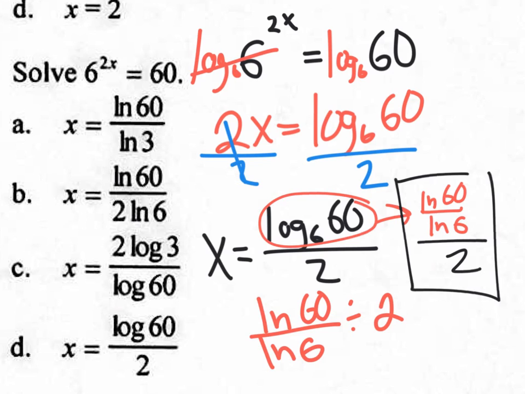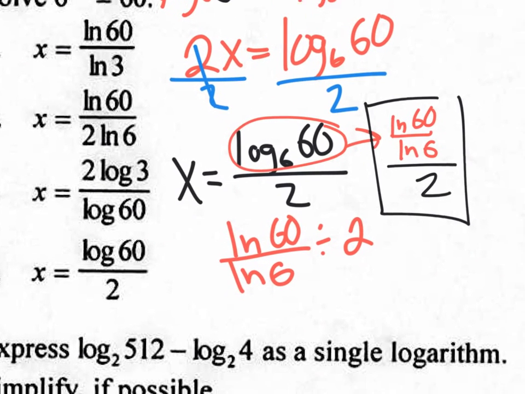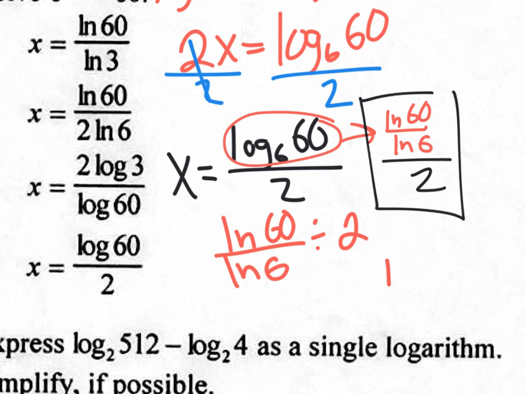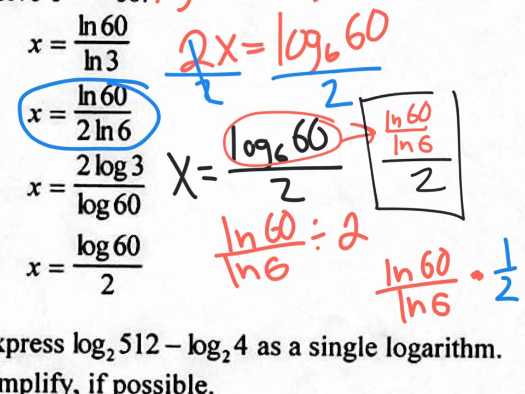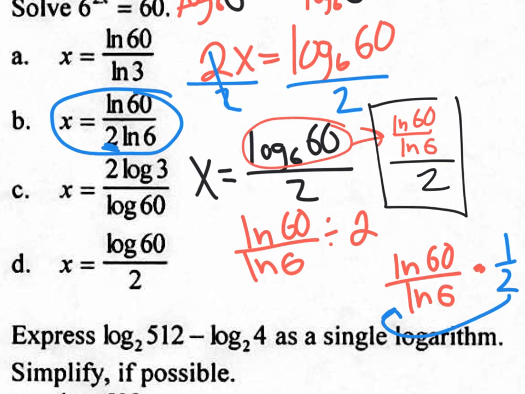It's really a multiplication of half, right? So, if I were to rewrite this as ln of 60 over ln of 6, and then actually multiply it by 1/2, I'd get the answer that we see right here. ln of 60 over ln of 6, but the 2, they wrote it right in front to make it look like 2 times ln of 6. So the correct answer is B.